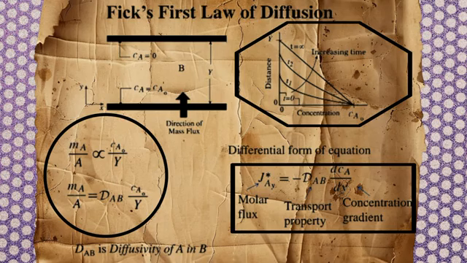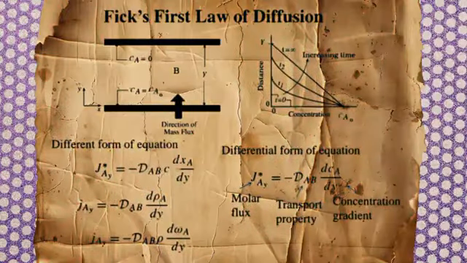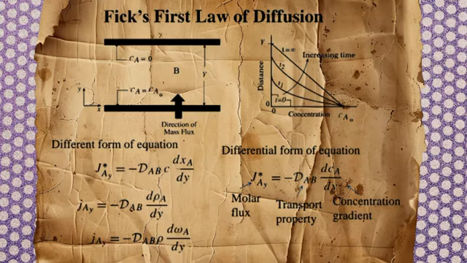Fick's first law can be expressed in various forms depending on the quantity of interest. You can express it in molar form, which is denoted as J star y, or in mass form, which is small j. Talking about molar flux, it is written as J star Ay is equal to minus DAB into dCA upon dy.